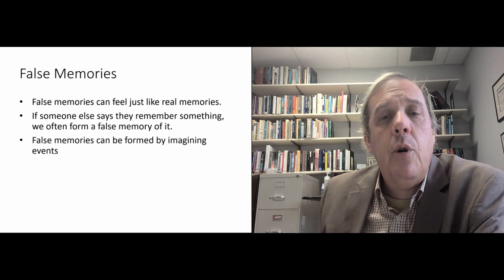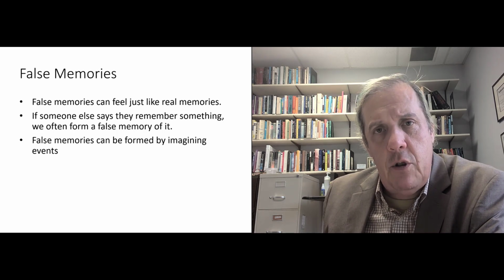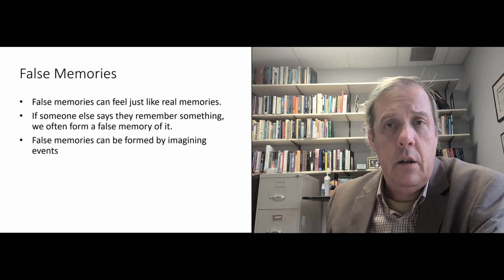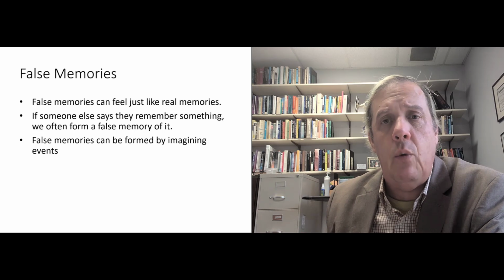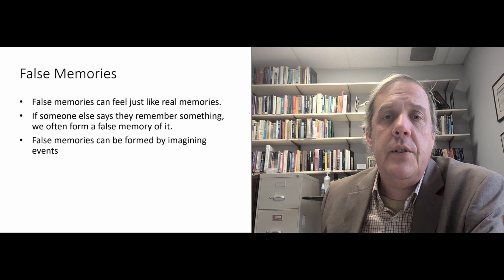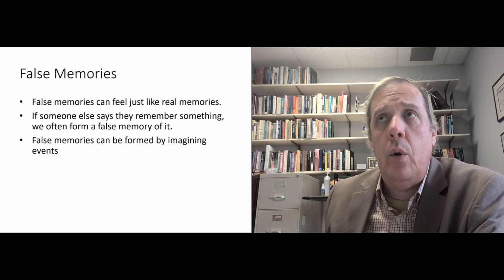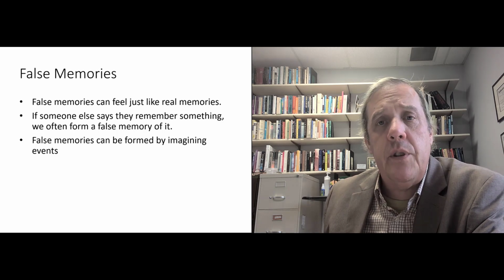False memories can be formed by imagining events. If you ask someone to mentally recreate a crime scene repeatedly, they can actually generate false memories based not on what happened, but on how they are recreating it. And this is, again, something that is done entirely using their own biases, the biases that come from society.